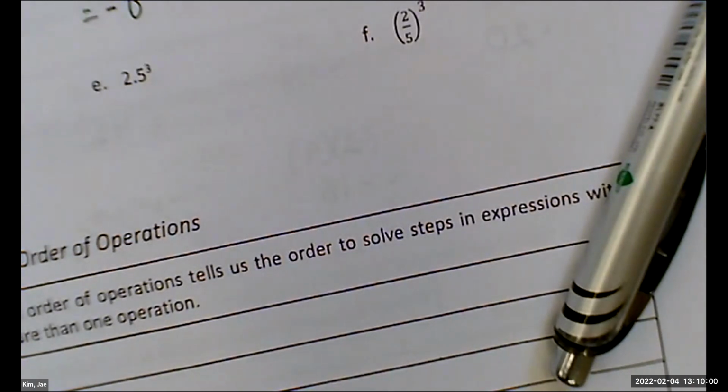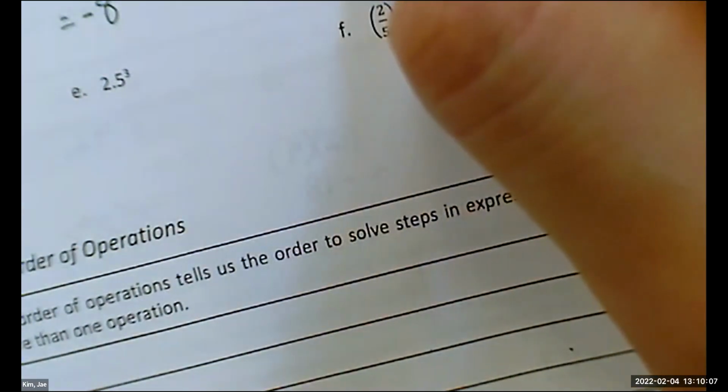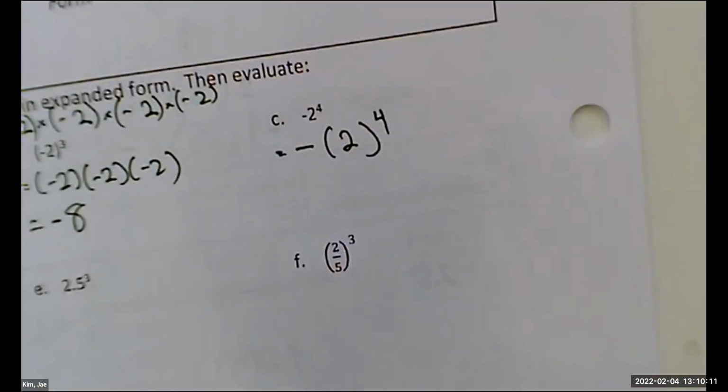Pretend that negative is a -1. If there is no bracket, by the Bedmass rule, the exponent of 4 applies before the negative.